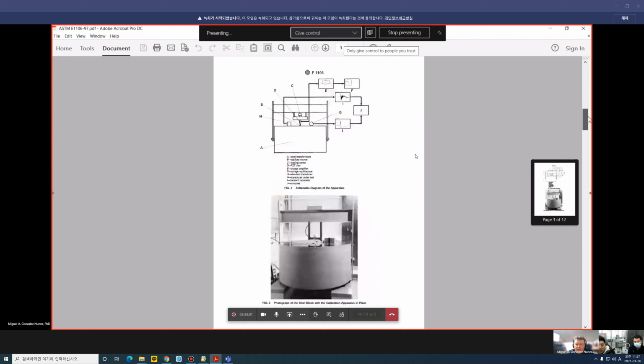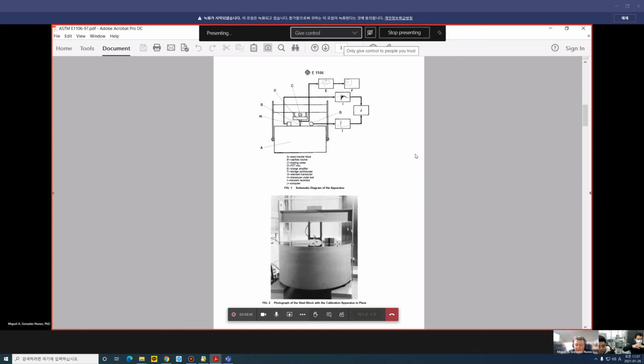This is for calibration of the sensors. This is the primary method that is used. It's a big block, and two sensors are mounted on each surface, separated by a distance.